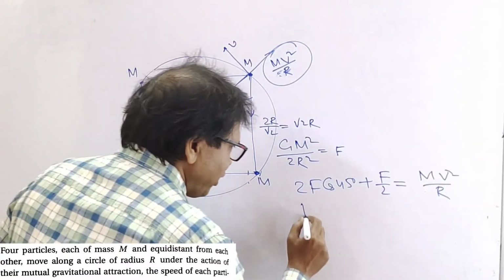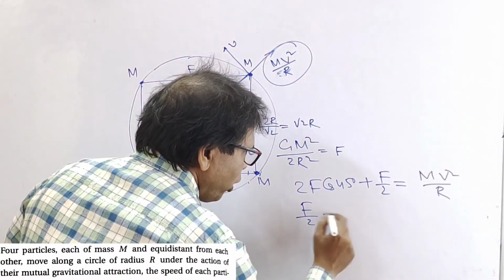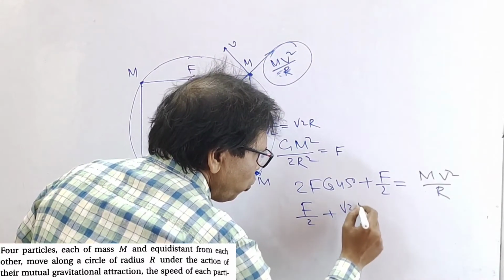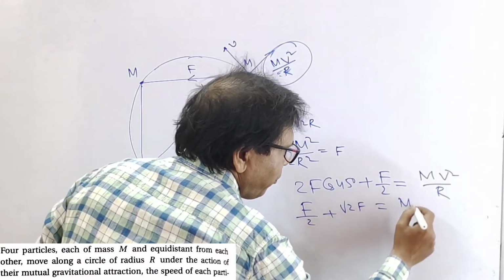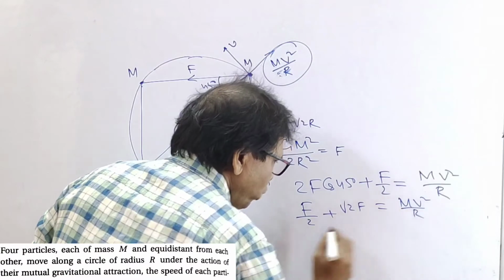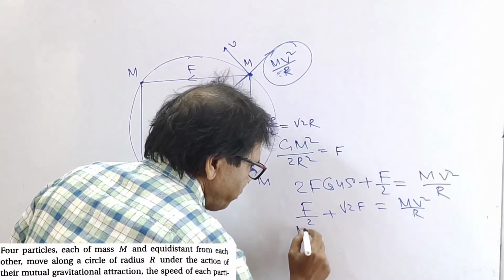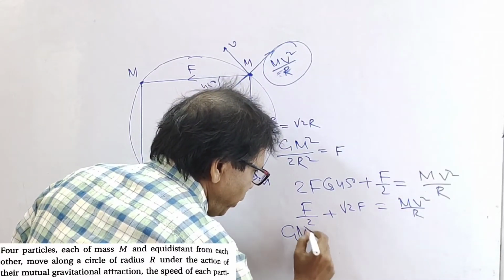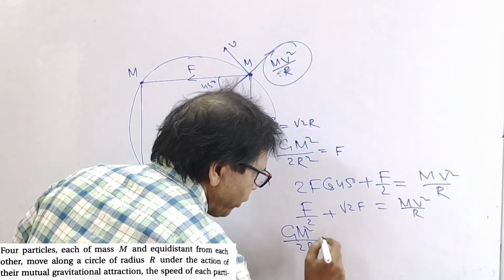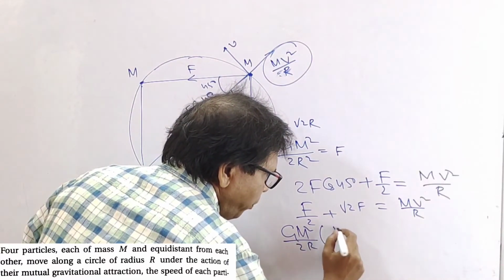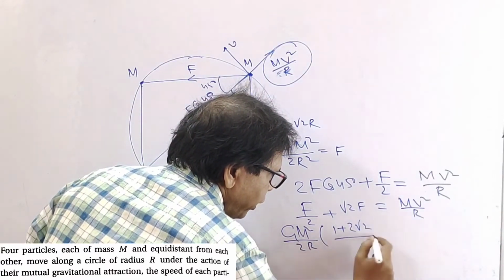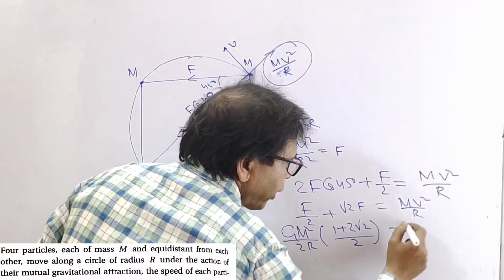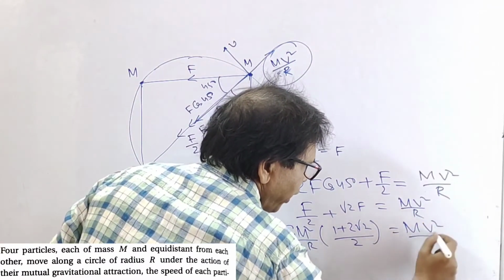Look at this, this is F by 2 plus root 2 F, which equals m v square by r. So look at this, here F is G capital M square by 2r square, into (1 plus 2 root 2) divided by 2. This equals m v square by r.